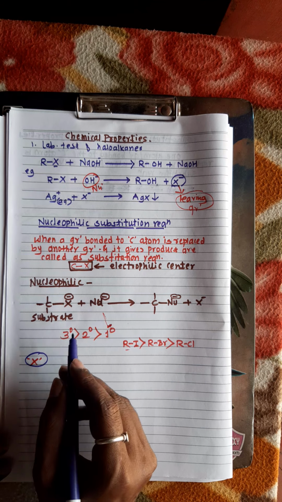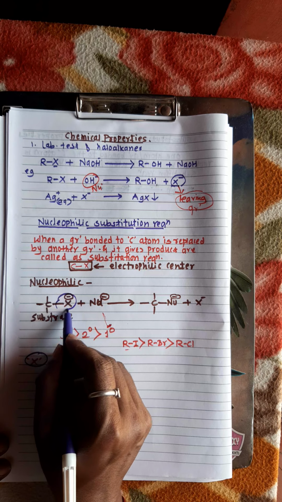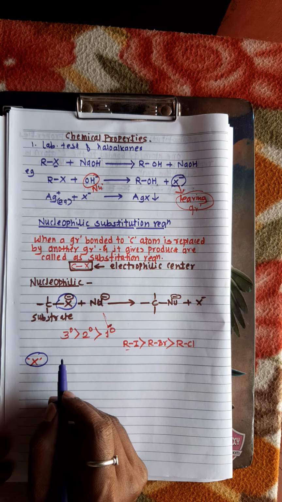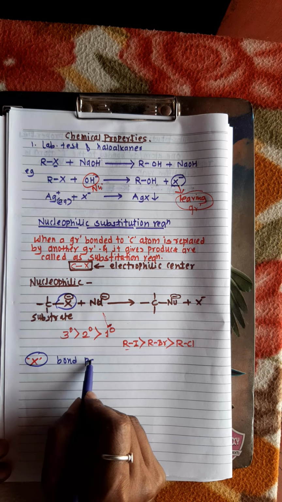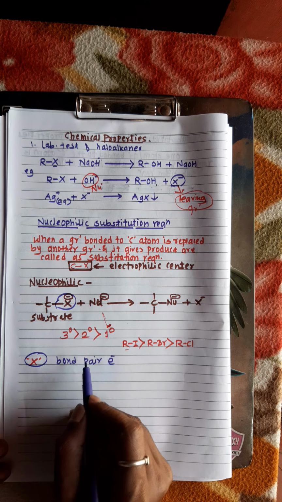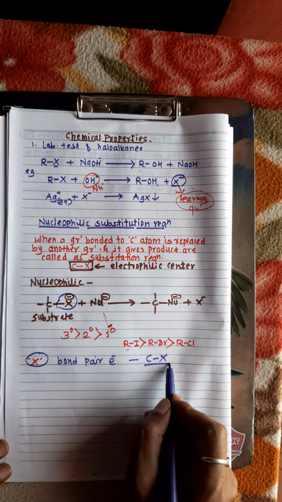When it leaves, it takes away the bond pair electrons from the C-X bond.